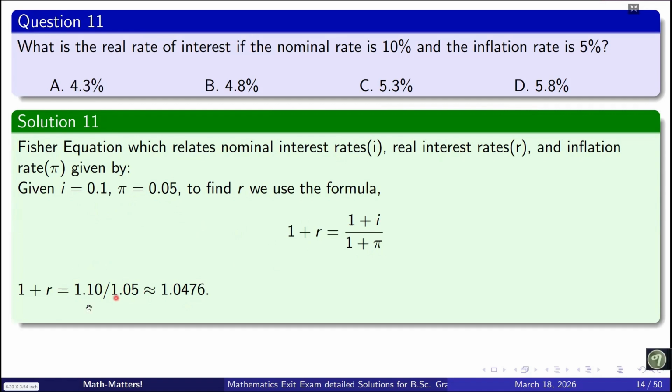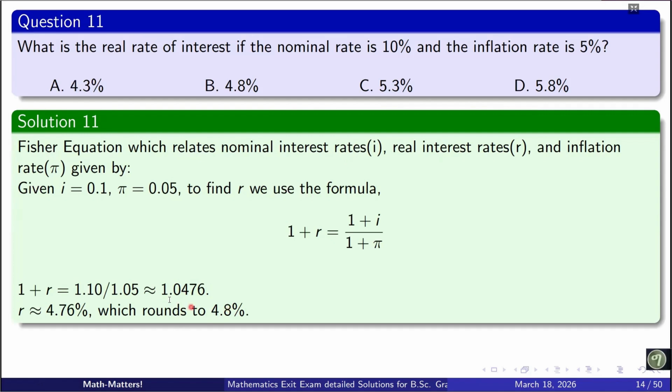Then the quotient, 1.1 over 1.05, could be approximated as 1.0476.